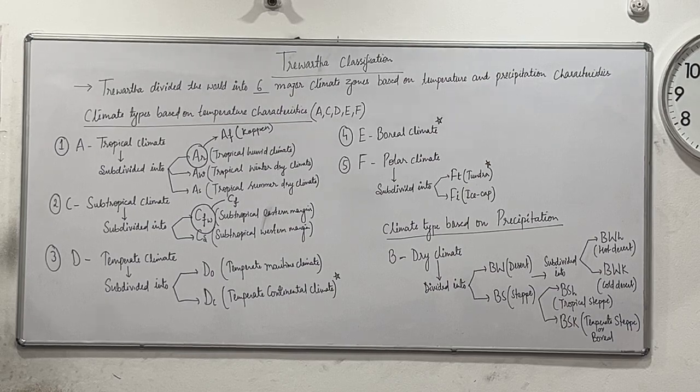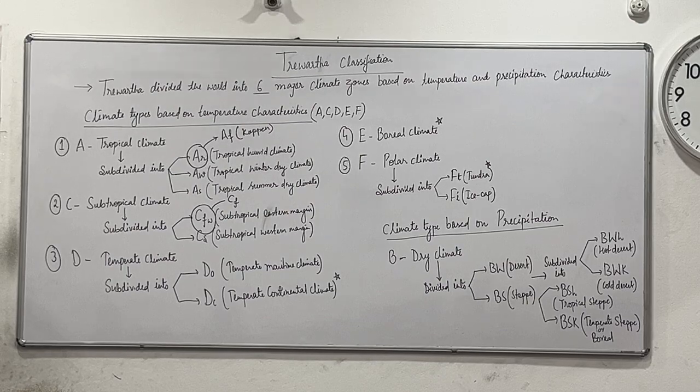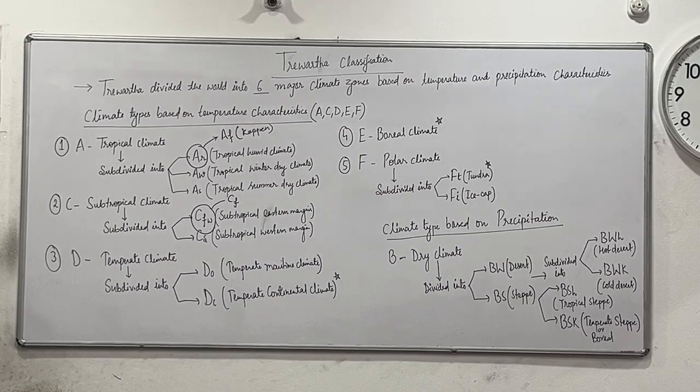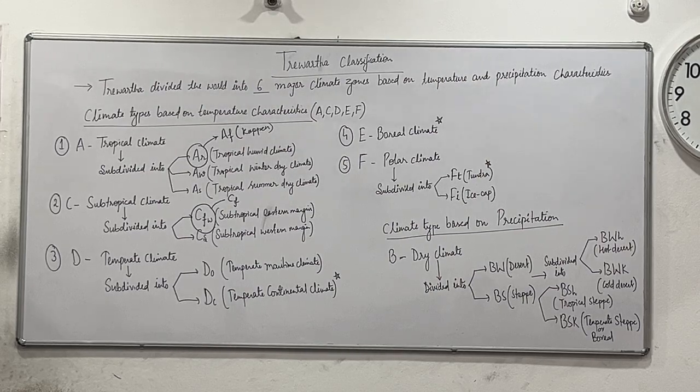You will find grasses interspersed with some trees, and the trees are mainly deciduous varieties. That means they shed their leaves during the dry period, and again come to life whenever we have moisture. So normally you will find the trees here remaining bare. They don't have leaves.